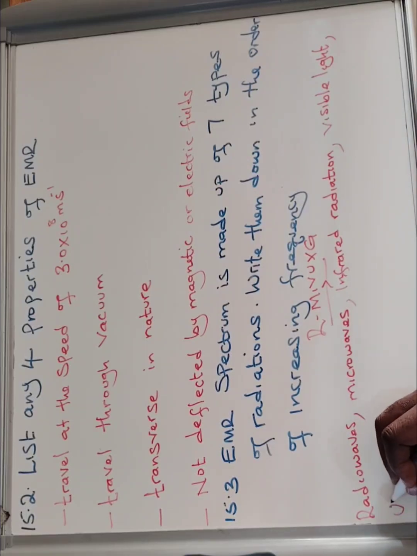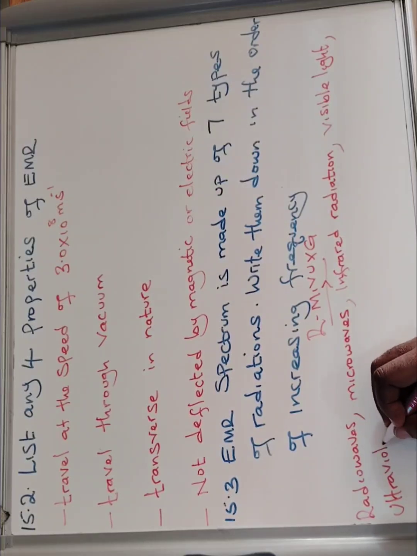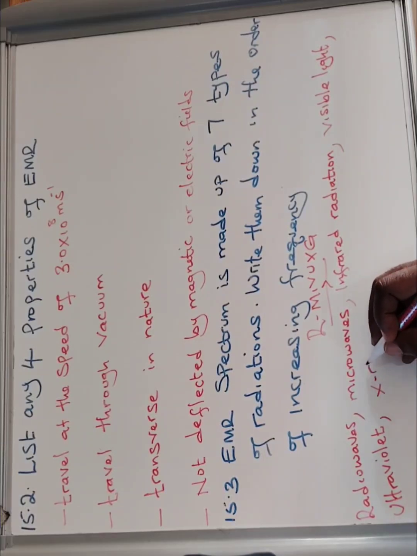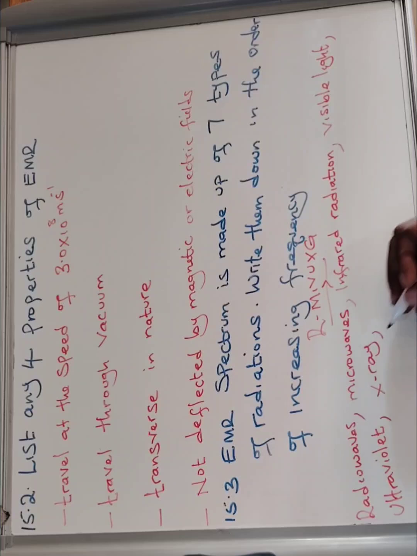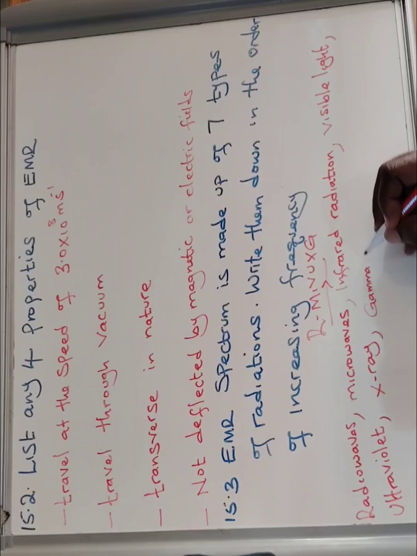U represents ultraviolet. X represents X-ray. And G represents gamma rays. That's the order of increasing frequency. Radio has the least or the smallest frequency, and gamma has the highest.